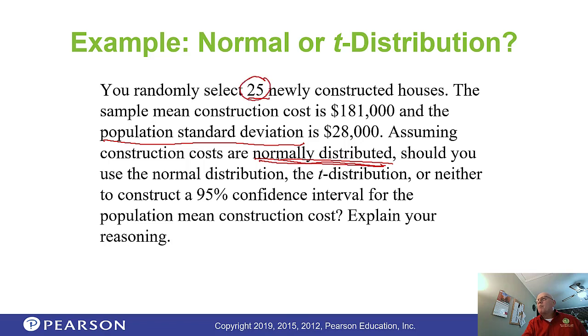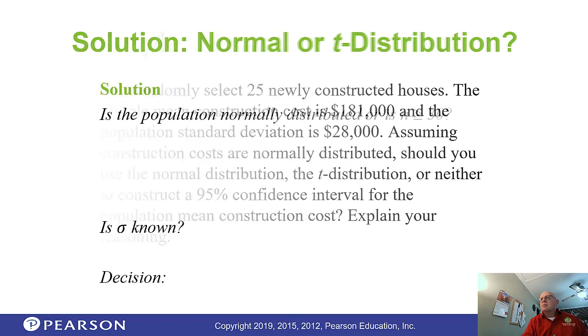We would have had to go back and make our sample big enough so that we have a normal distribution. Now, do you use the normal one, the T distribution, or neither? You want a 95% confidence level interval about the population mean construction cost, and why?